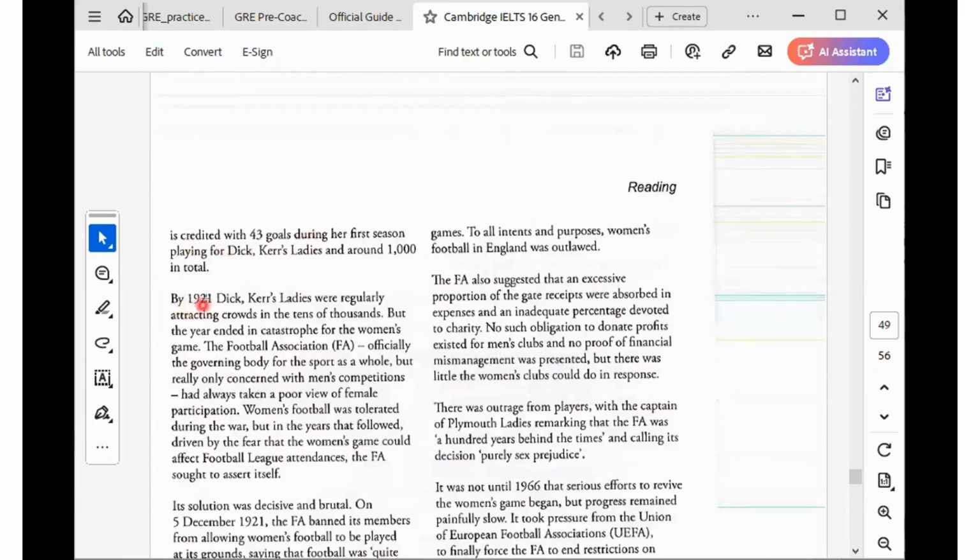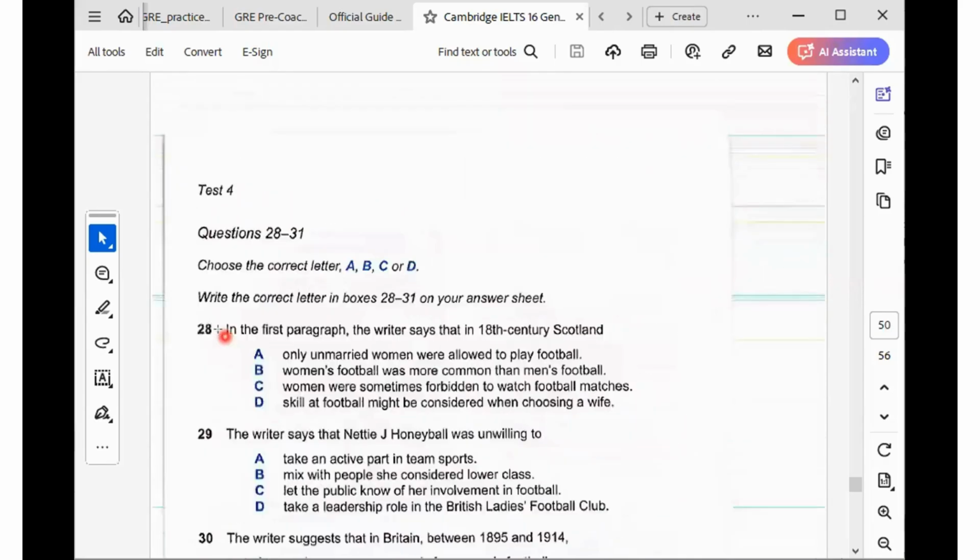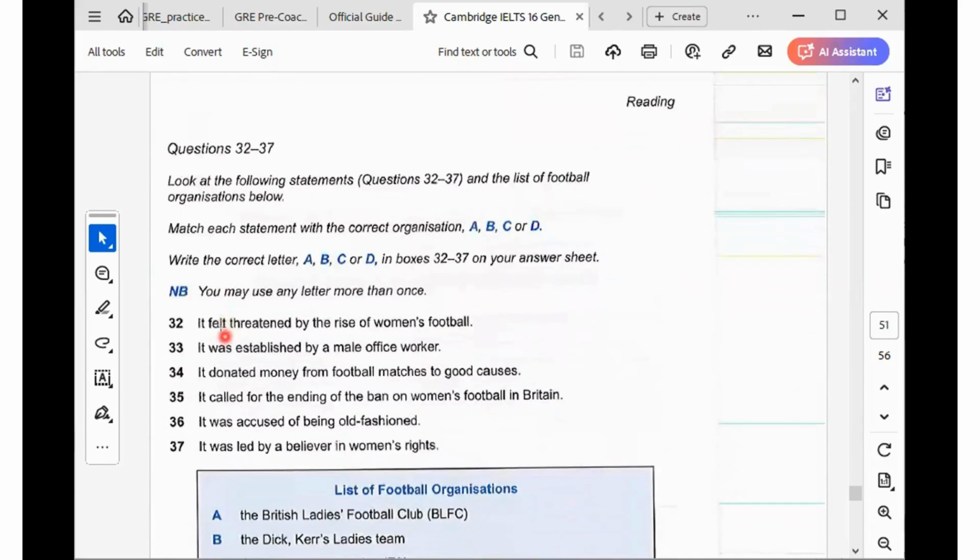By 1921, Dick Kerr were regularly attracting crowds in the thousands. But the year ended in a catastrophe for the women's game. Okay, that's all for Dick Kerr. Is there anything else? Number 32, it was threatened. No, Dick Kerr was not threatened. 35, it called for the ending of the ban. No. 36, it was accused of being... no.